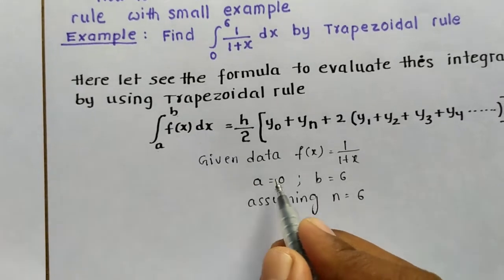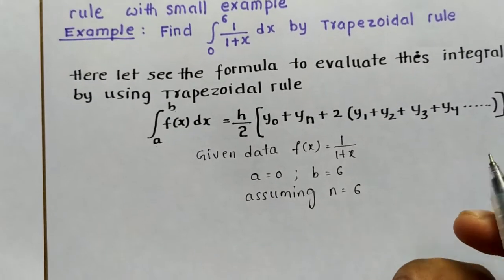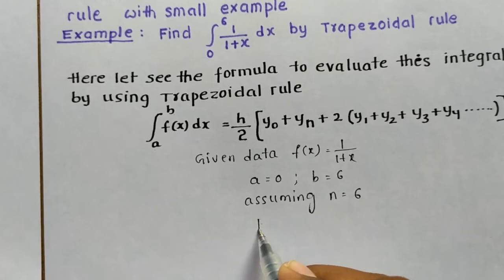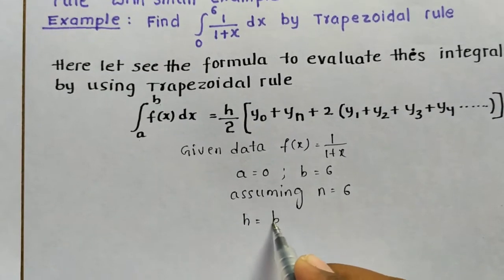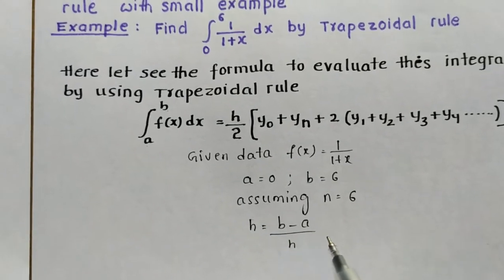The difference between one subinterval and the next is denoted as h. Here h equals b minus a by n.